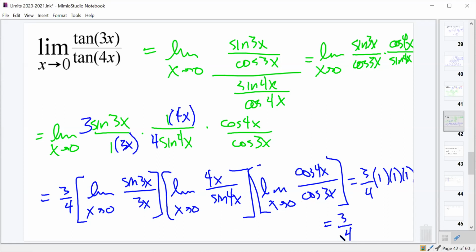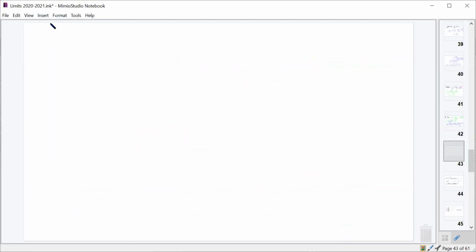Any issues or questions with that? Nope. All right. So before I kick you all out of here, the limits that we should know from today are these ones, right? Sine x over x is 1.